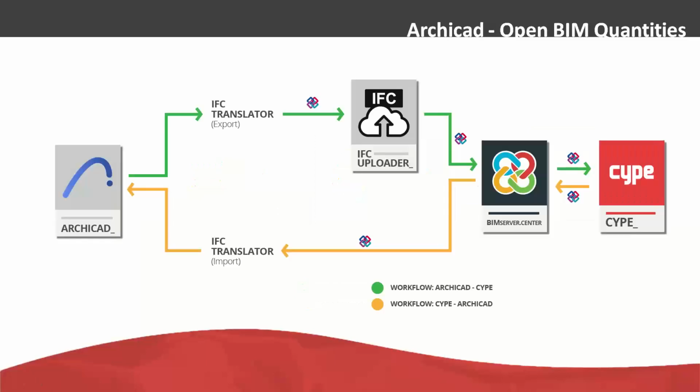If you want to import this data from any other software like ArchiCAD, like Vectorworks or whatever, we have this other free solution, which is IFC Uploader, that you can use to upload the data to the BIM server. And then, as you know, you can get this data from OpenBIM Quantities in order to make this connection.